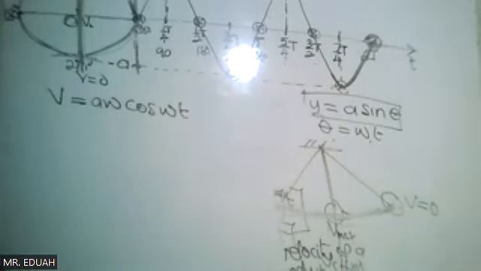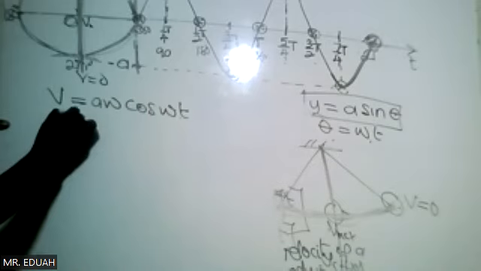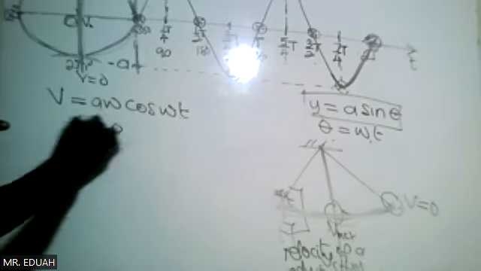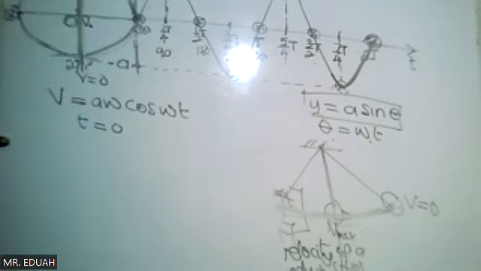This is what we had as the velocity function. Now, what is the velocity when at the time t is equal to 0? When the body is here, what is its velocity?